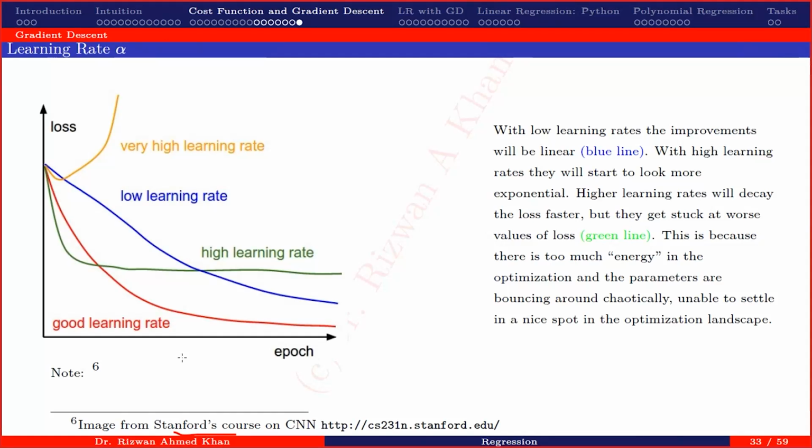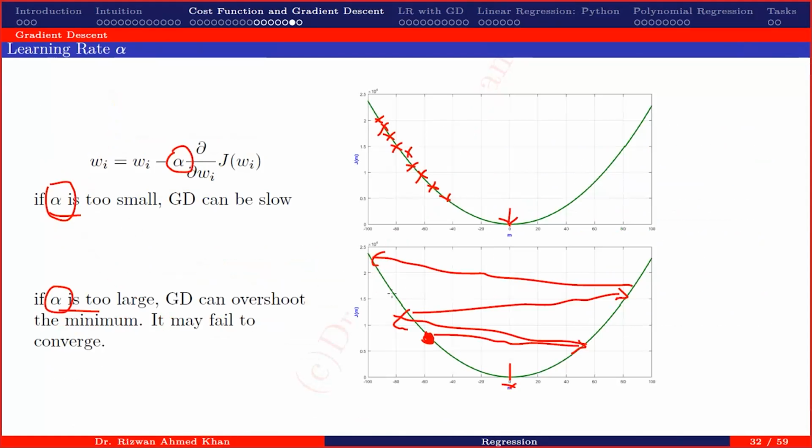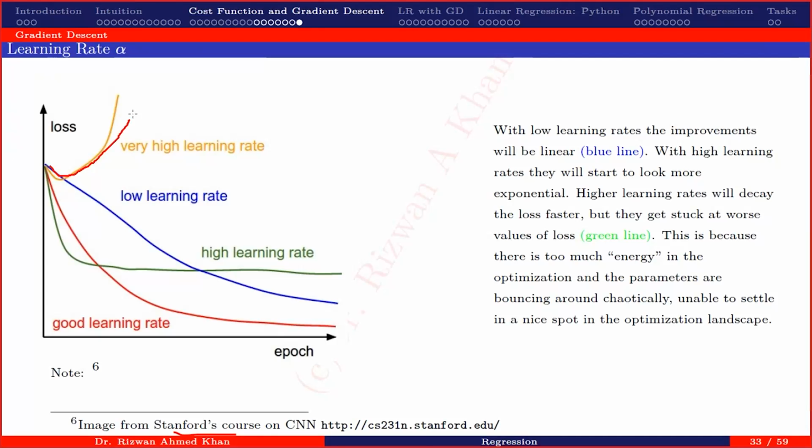And this is a very interesting slide I took from Stanford's course, which shows the effect of learning rate on the accuracy of the function, and how good it would be if we use different kinds of alpha. If alpha is very high, like I showed you, the loss would increase exponentially. If alpha is not very high but high, it will maybe get stuck in some local minima and not converge to a good solution.